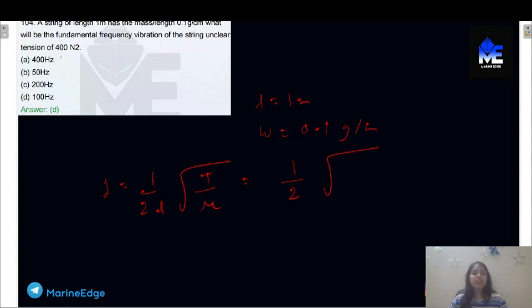What is the tension in the string given? 400. So, 400 divided by, what is the value of mass? It is given as 0.1 grams per centimeter, so we'll convert it into meters. That will be equal to 0.01 kg per meter. Just put this value here, 0.01, correct? Now if we calculate this, you'll get the answer of 100 hertz. So the option is D.